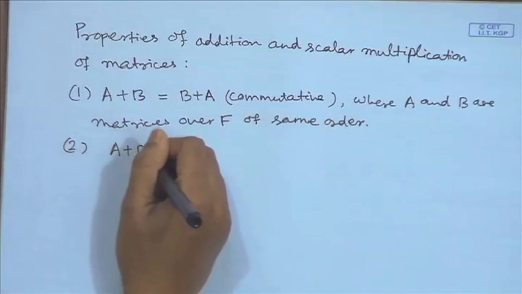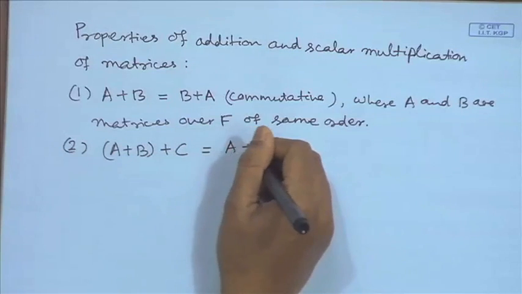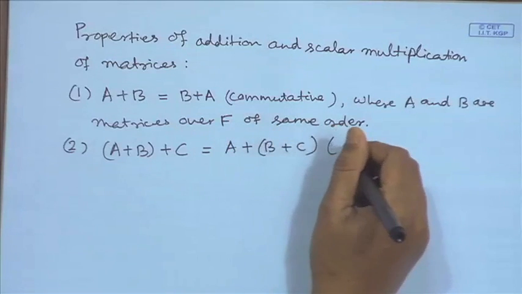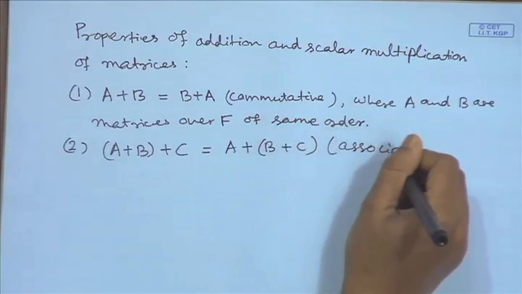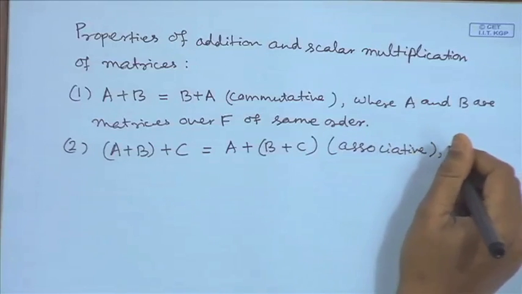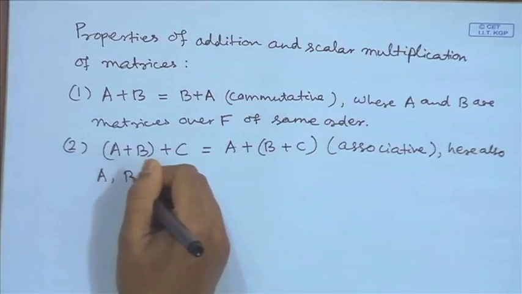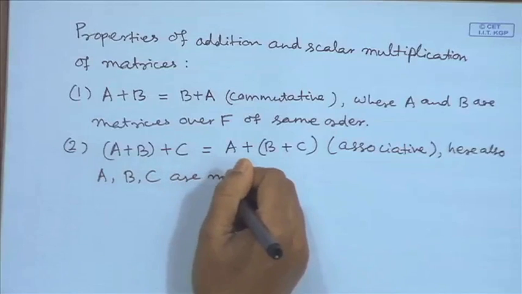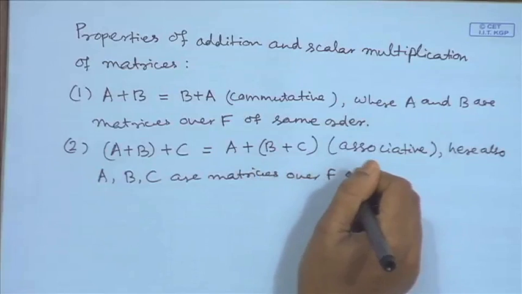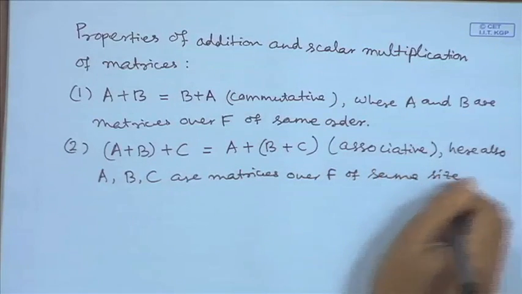We will also have that A plus B plus C is equal to A plus B plus C, that is associative property. Here also A, B, C are matrices over the same field F and of same size.